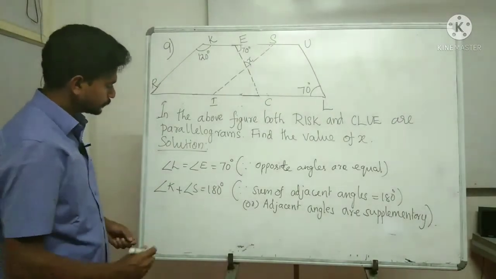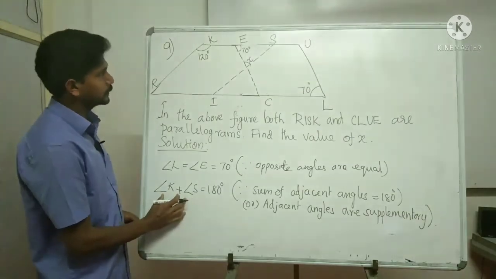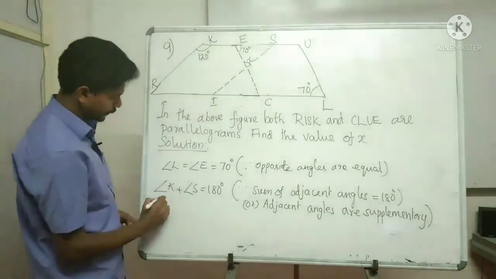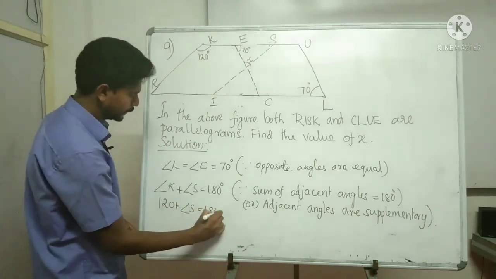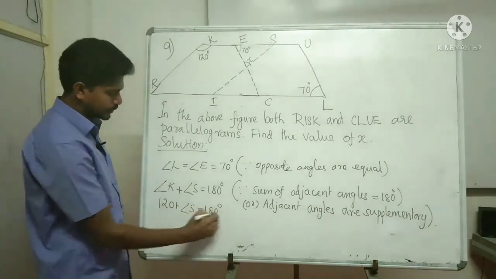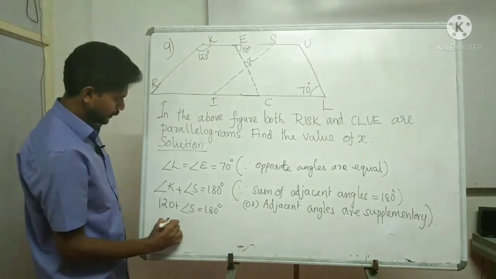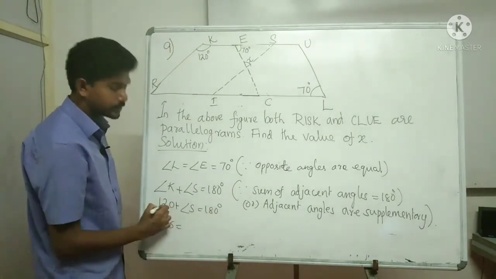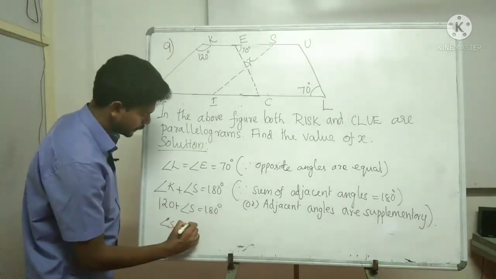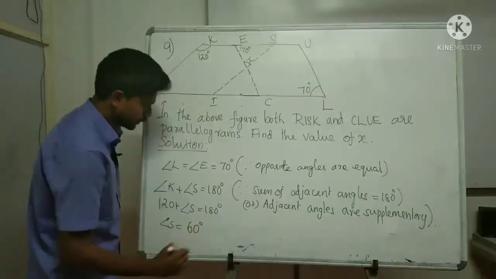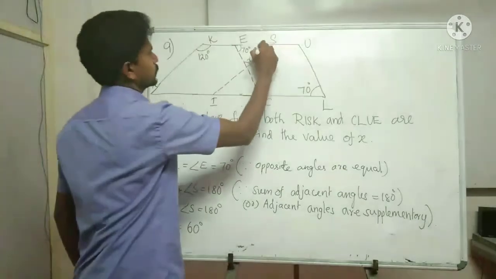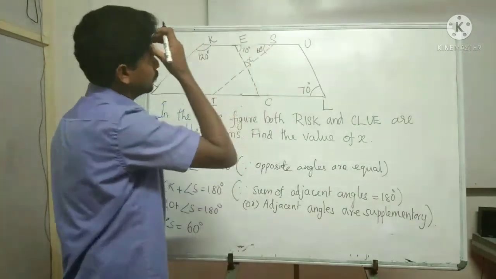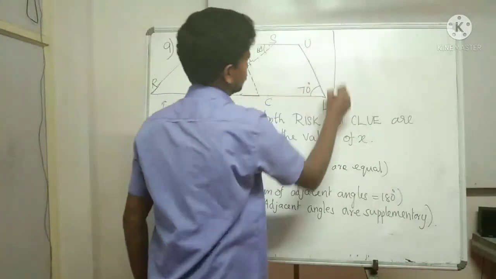So what is the angle K value? K is 120. So 120 plus angle S is equal to 180 degree. So when you send this one, we get angle S is equal to 180 minus 120, we get as 60. Angle S is equal to 60 degree. Now we can find out this one.